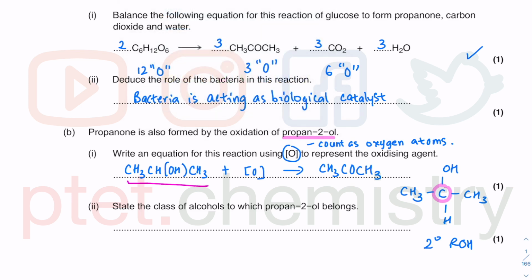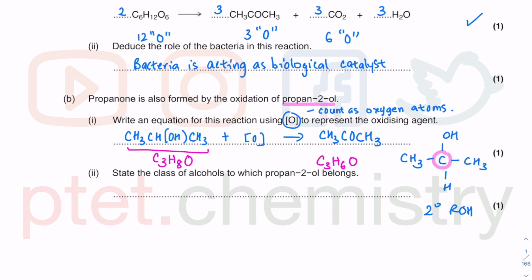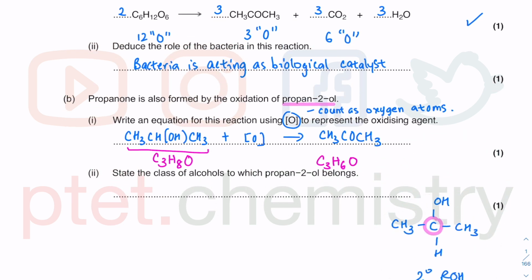Total up the number of atoms. 3 carbons, 8 hydrogens, and then 1 oxygen. This is 3 carbons, 6 hydrogen and 1 oxygen. As you can see from the molecular formula, the number of oxygen is still the same, but you have lost hydrogen instead. So when you react with that, where does the extra hydrogen go?